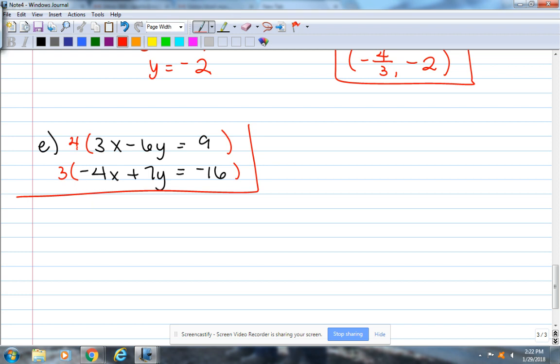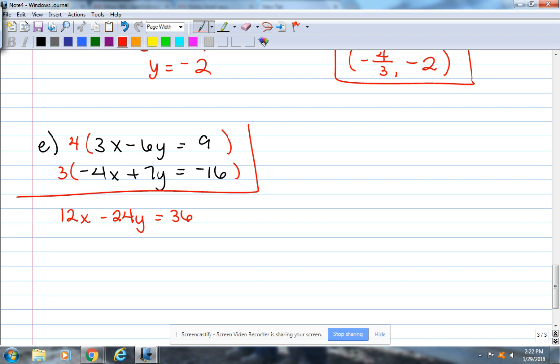All right, so we're going to distribute times all 3 terms. Y'all, a common mistake is forgetting to multiply times this last term over here. So 4 times 3x is 12x. 4 times negative 6y is negative 24y. Equals 4 times 9 is 36. Good.